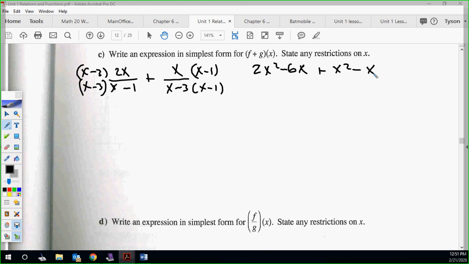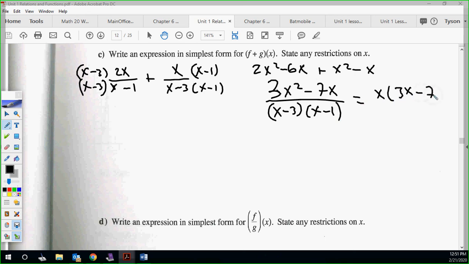So your simplified expression would be 3x squared minus 7x all over that. You can pull an x out there if you want. It doesn't really help you in this situation. Okay, pull the x out, it's fine. It's good practice to do that. Helps you see.